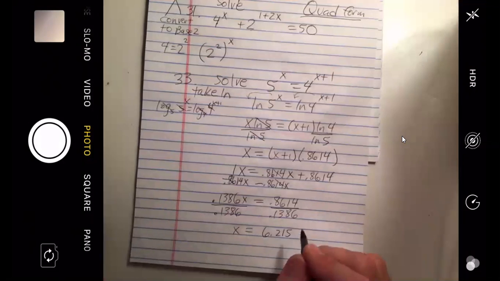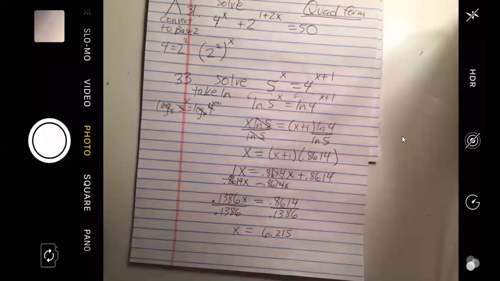Now that may or may not be the answer in the back of the book. If I take time to look it up, this is section 4.5, problem 33. Okay, so the book kept to an exact form. Right there, problem 33A.